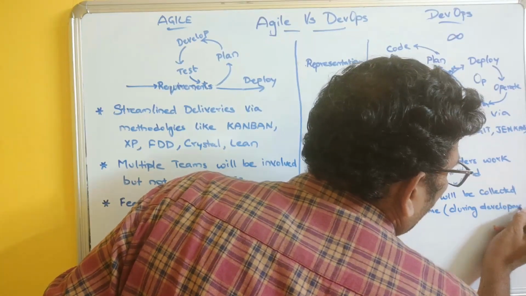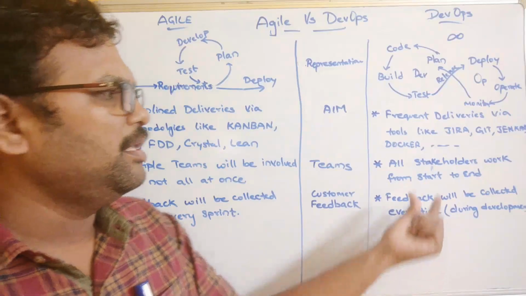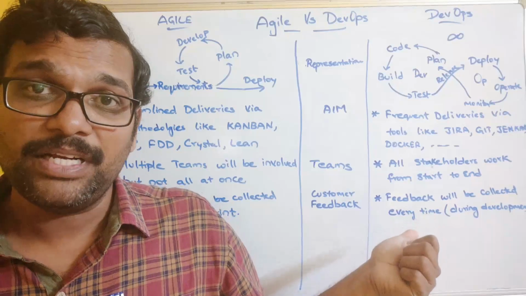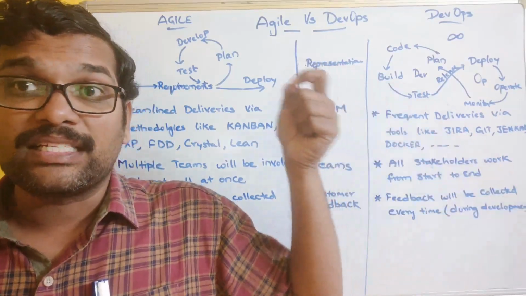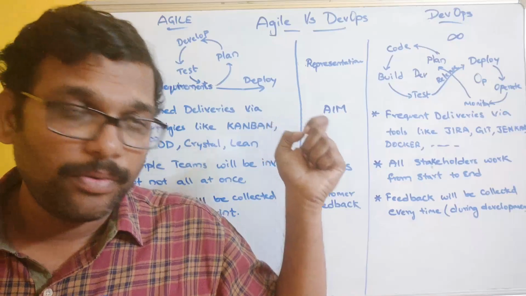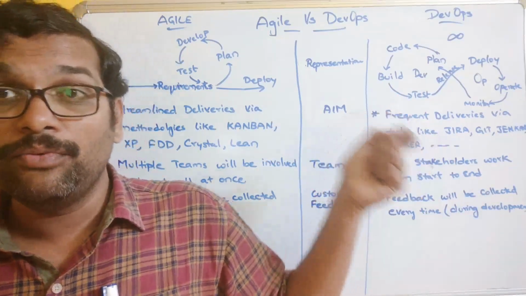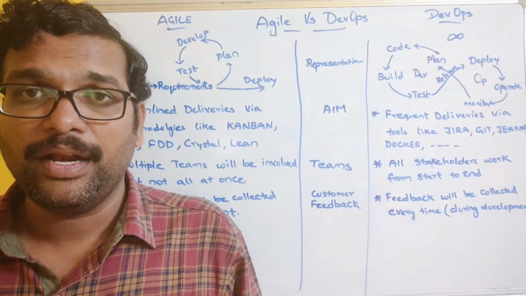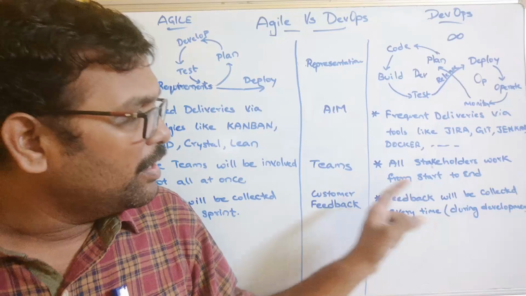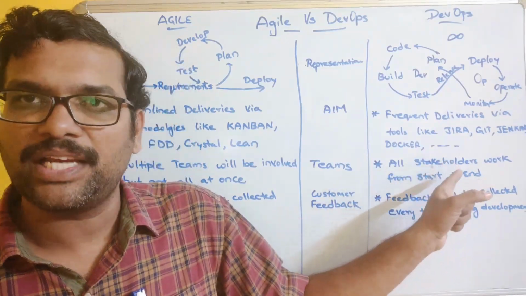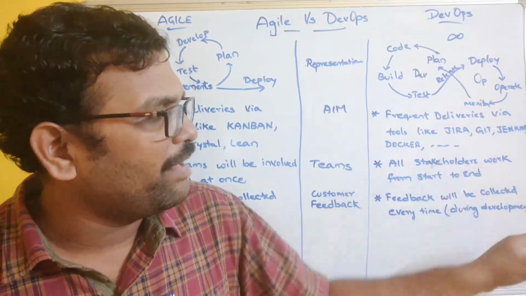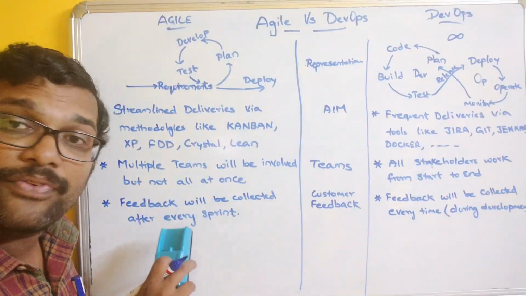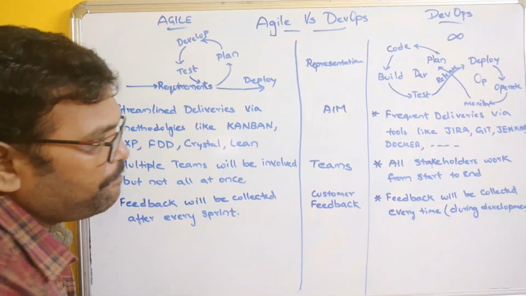Here we have written that all the stakeholders work from start to end, so the customer will also be a stakeholder. The stakeholders are the people who are involved either directly or indirectly in the product development, right? So everyone comes under the stakeholders, and the customer will also be one of the stakeholders. So every time during development, the feedback will be collected. But in Agile the feedback will be collected only after every sprint. Okay.